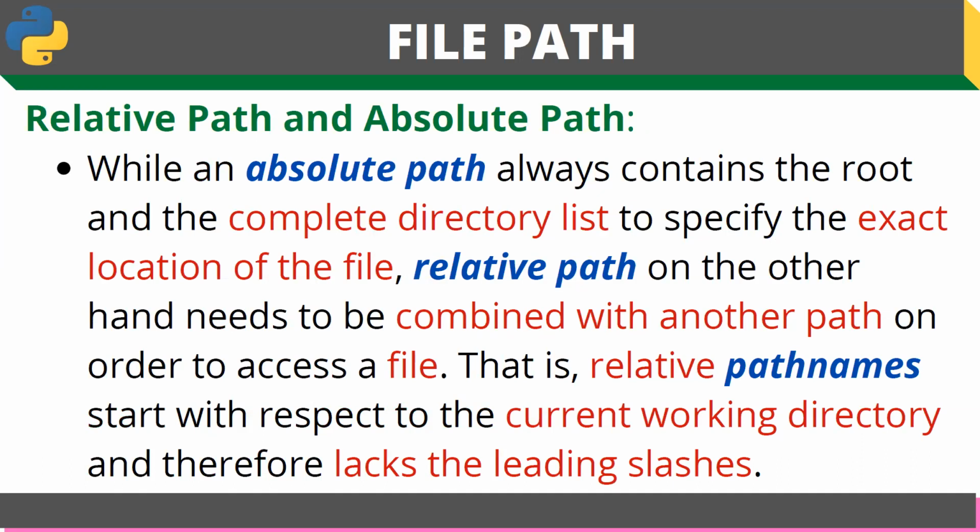So that means the absolute path always starts from the root directory: root directory, then folder, then subfolders and the file name. A relative path, on the other hand, needs to be combined with another path in order to access a file. That is, a relative path name starts with respect to the current working directory and therefore lacks the leading slashes.